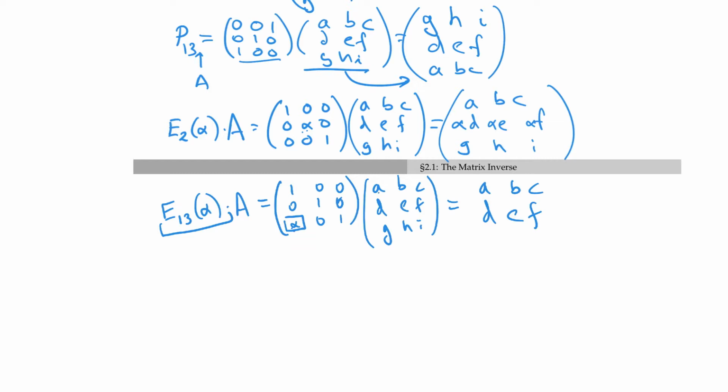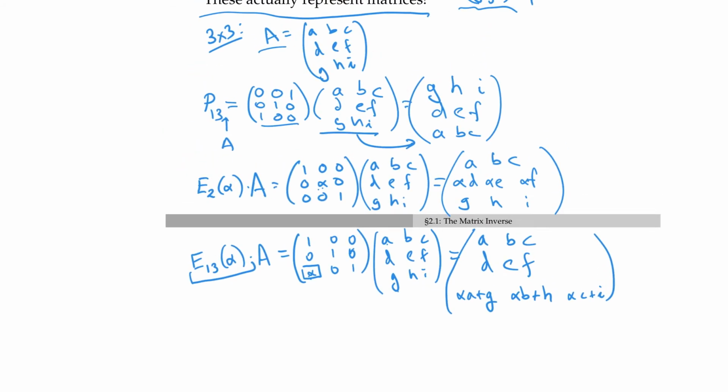So I'll have alpha times A plus 1 times that G, so that's alpha A plus G. I then hit the second column, I get alpha B plus H, and then finally alpha C plus I. And there we go. That really is alpha times row 1 plus row 3 stored to row 3. That is totally awesome.